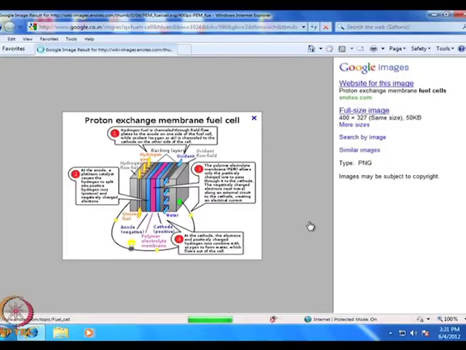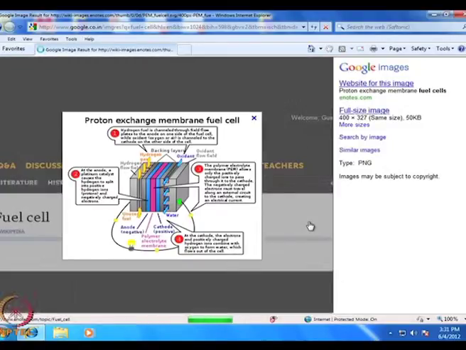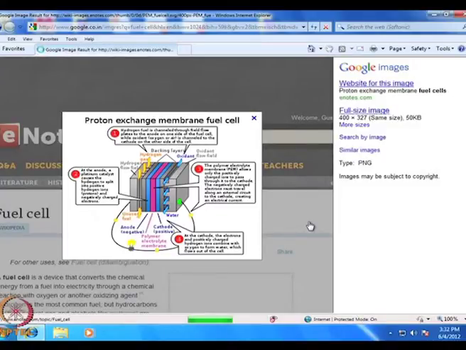Now, here I have various layers which are sandwiched one on the other.